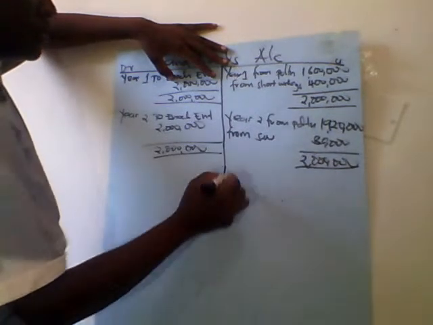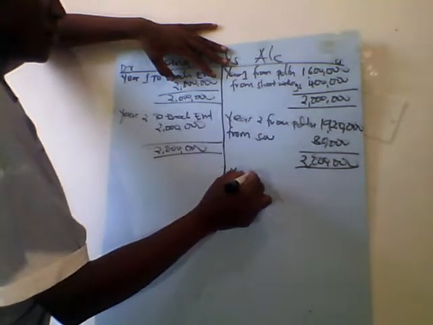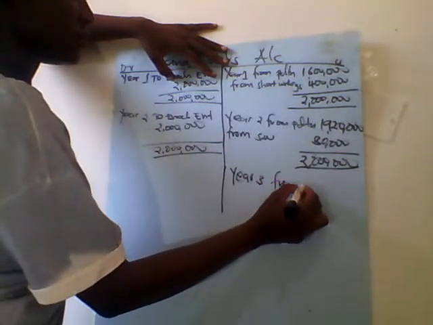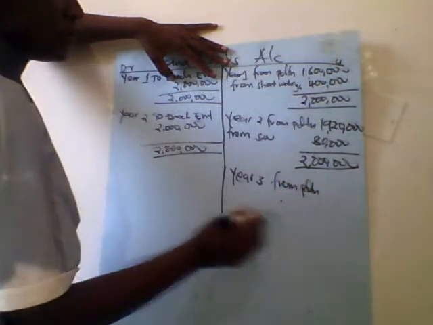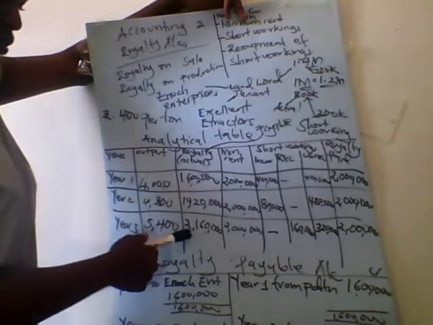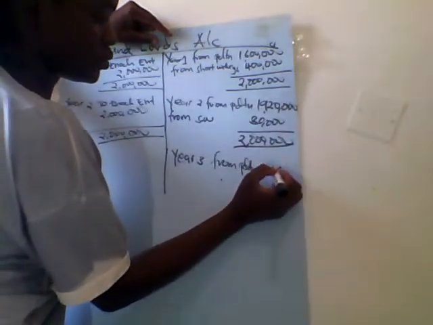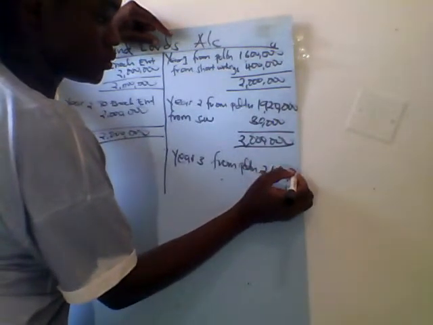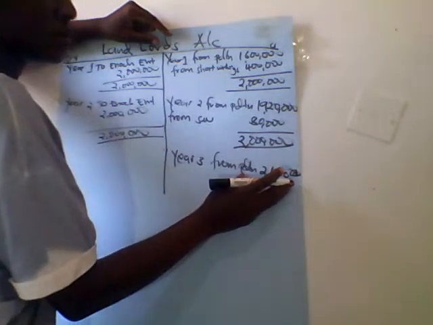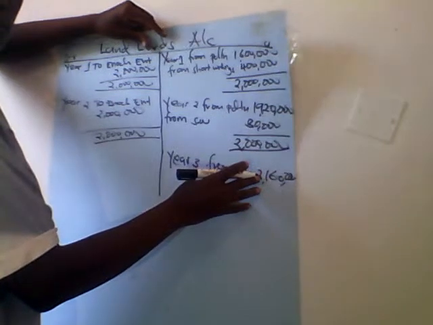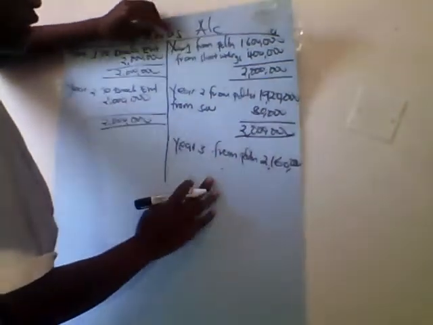Then we do the same thing for year 3. We say from production, we got 2.16.